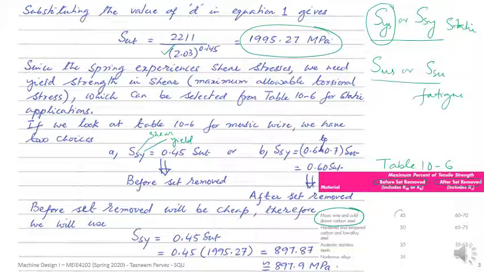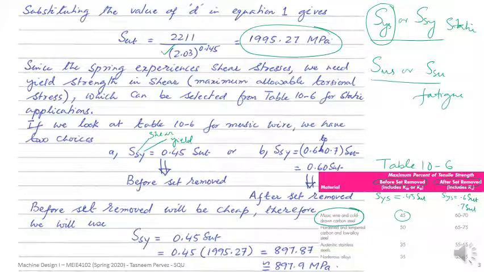Now what does this 0.45 mean? It means your SYS is equal to 0.45 of S ultimate. This one means your SYS is equal to 0.6 of S ultimate or 0.7 of S ultimate or any value in between.